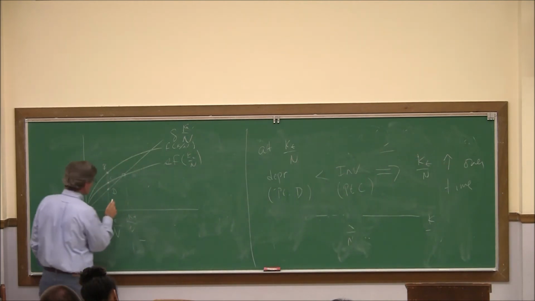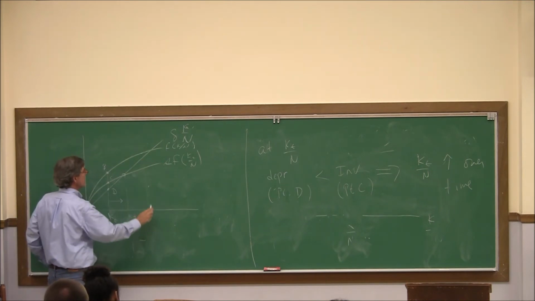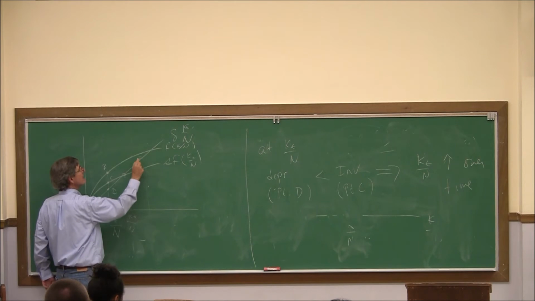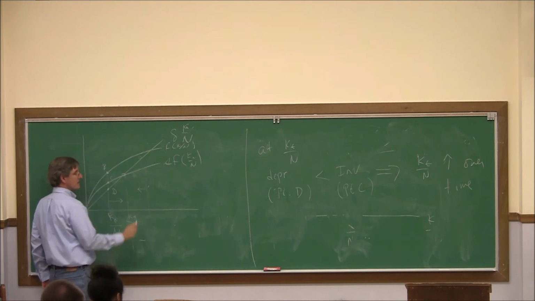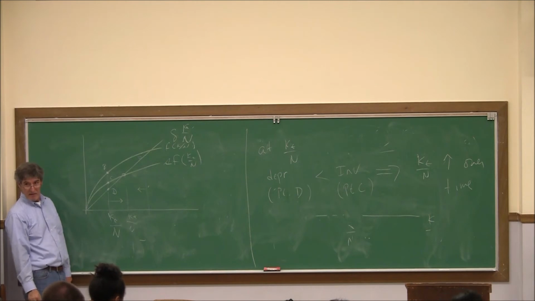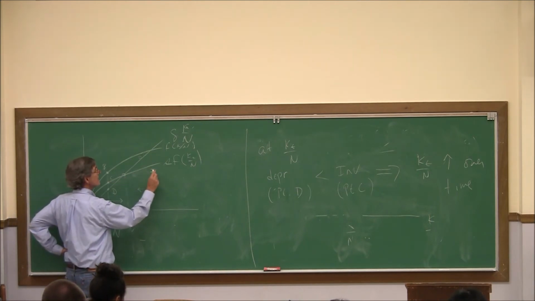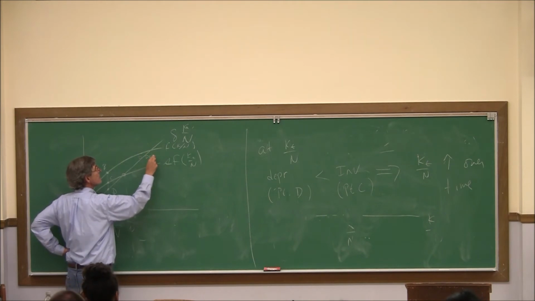So you tend to move in this direction. Over here it flip-flops. This is C and this is D. And you tend to move in that direction. On this side, the investment is less than depreciation.